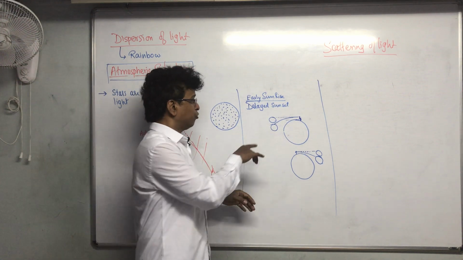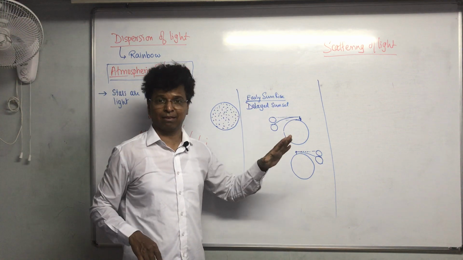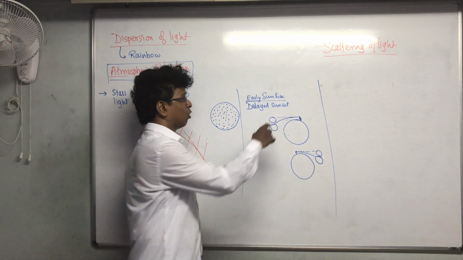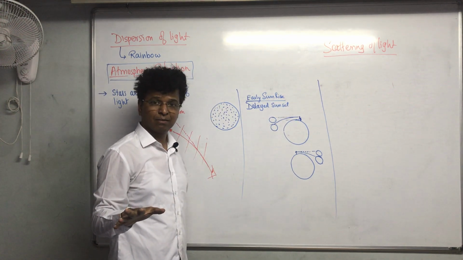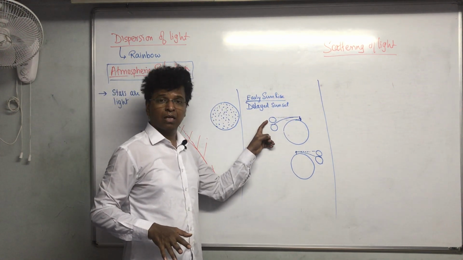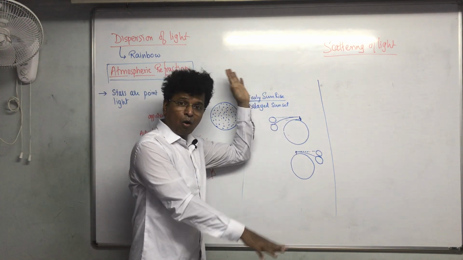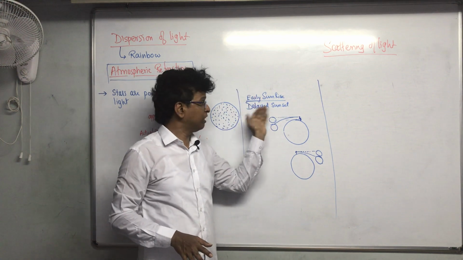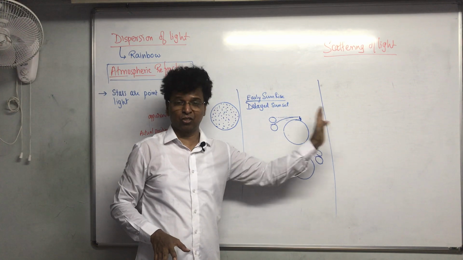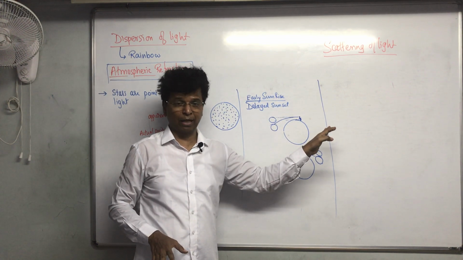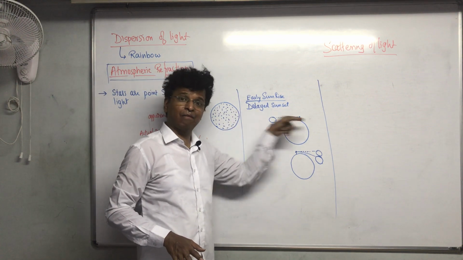See what happens during the sunrise, the distance between you and the sun is greater, and for the overhead sun, the distance is comparatively lesser. Now here the distance is greater, the blue light is scattered off, but it is not enough to reach your eyes. It will not be able to travel that distance and reach your eyes. Okay, but here red light stays, and red light travels that much distance.